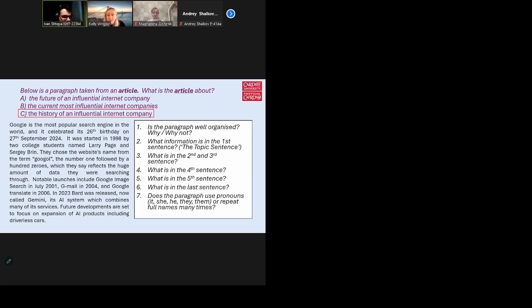Yes, exactly. And then the article goes on to talk in more detail about these. But this is just letting us know that these are some of the big things that Google have created.